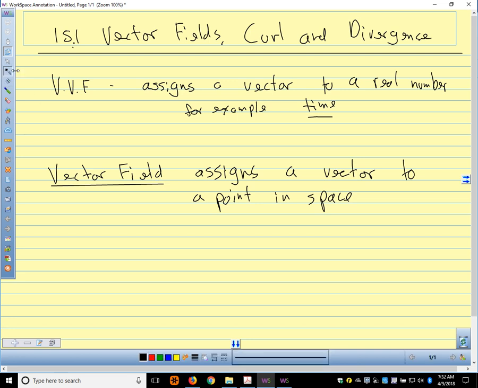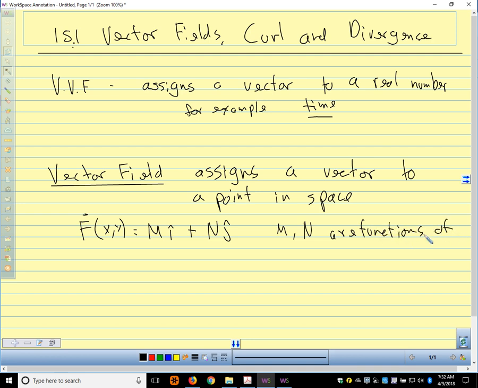If we're talking about a two-dimensional vector field, it would be in the plane. So for example, our notation, we could say F of x, y, usually we write M i hat plus N j hat, and M and N are functions of x and y.